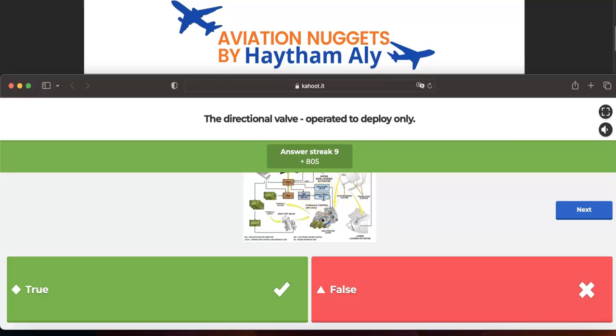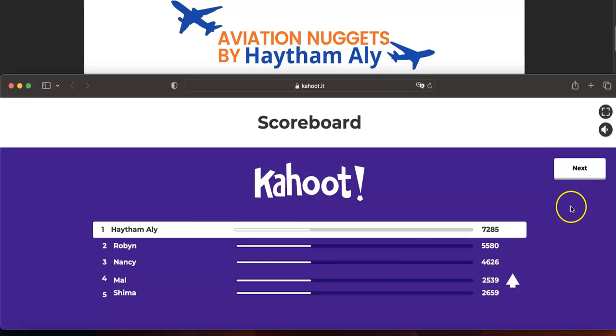And keep in mind always that the directional valve is energized to deploy only. If the EEC only energizes the isolation valve, we have stow operation, and the fail-safe design of this thrust reverser system is to stow. I always need the thrust reverser system to stow. Okay, everybody. Let's proceed to the next question.